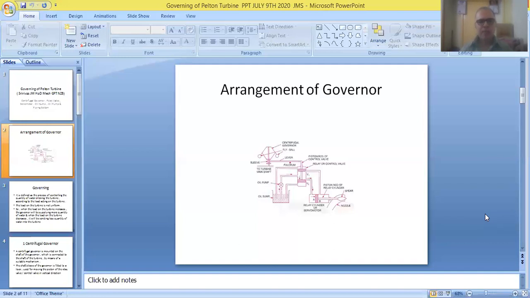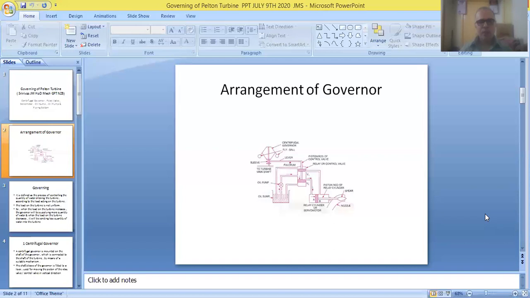And finally, conveying of oil is very, very important. Therefore, several pipelines are shown in the figure. We arranged them for operating the governor, mainly for conveying oil from one place to another.